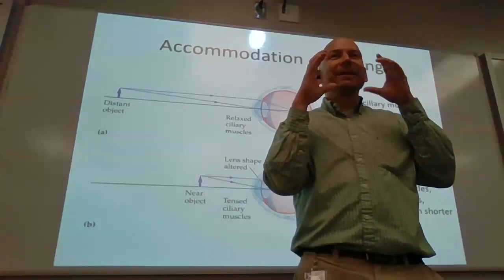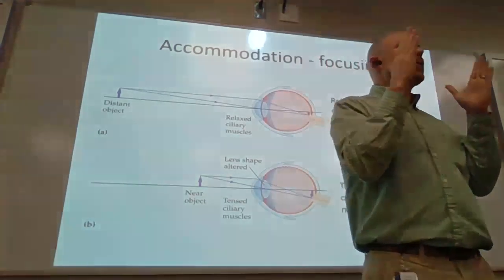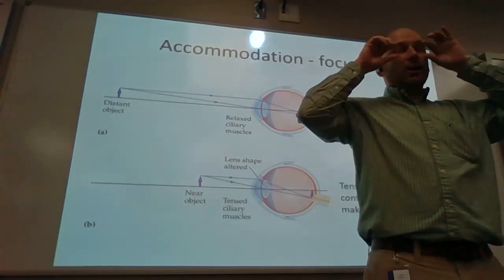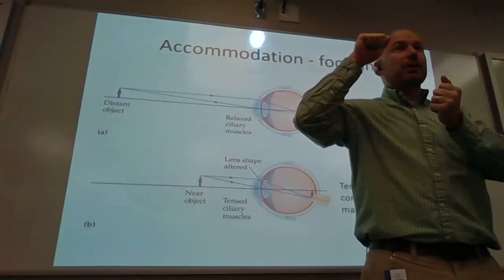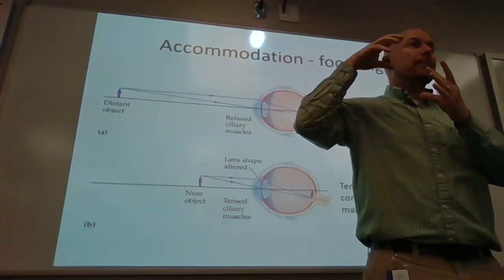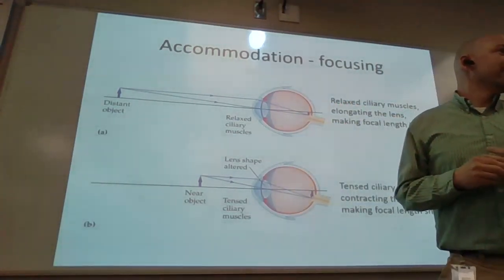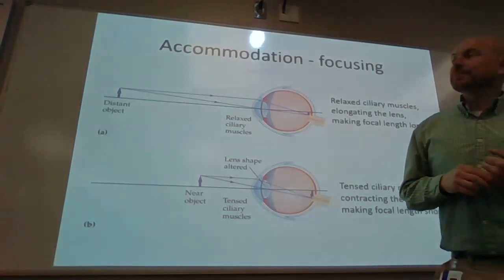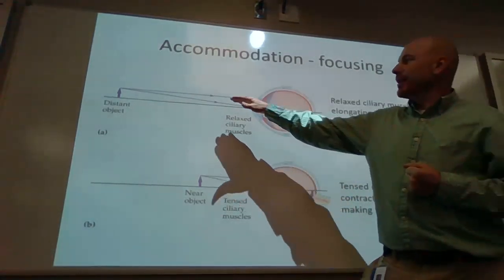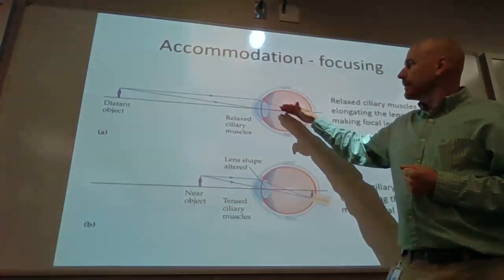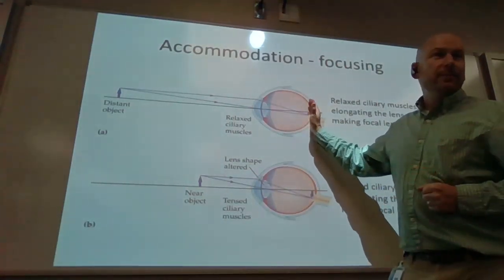So what that does to be able to focus on different objects at different distances away, your lenses in your eyes actually constrict and relax, and it changes the focal length. It changes the radius of curvature of the lens itself. Okay, so when you see something far away, your lenses are relaxed and it forms an image.